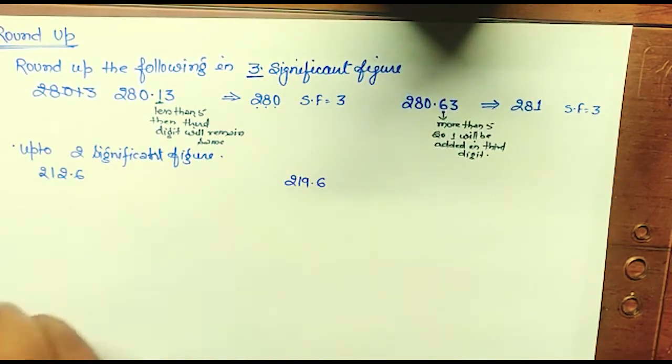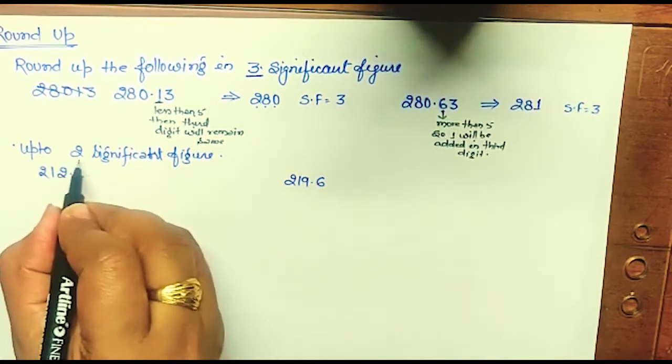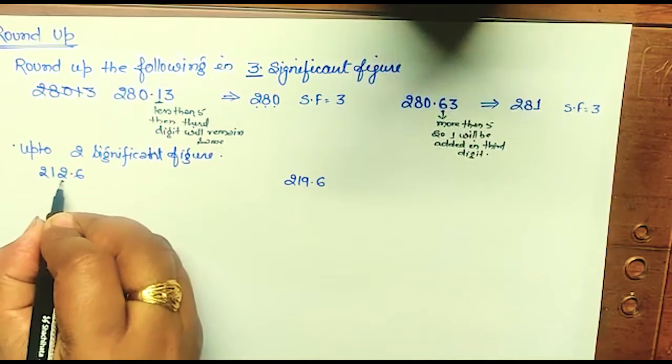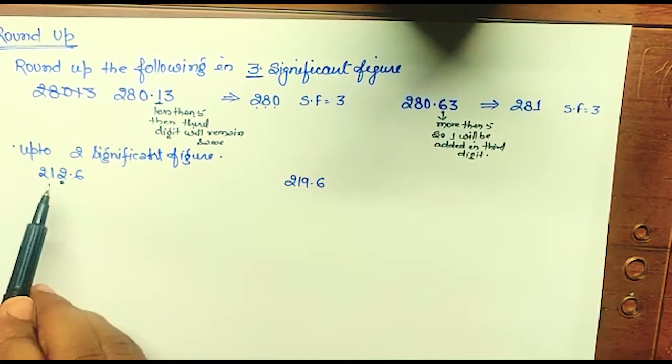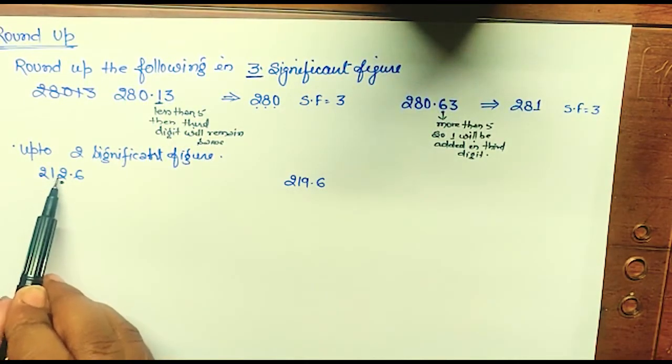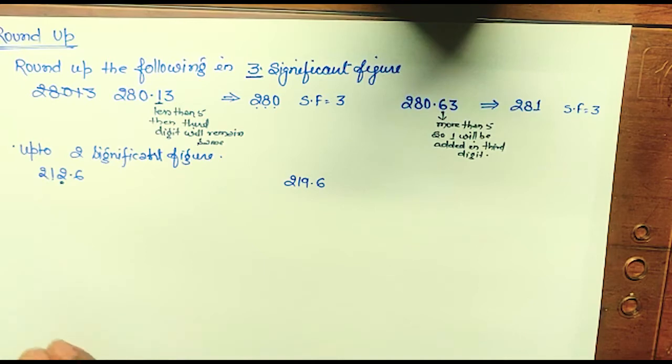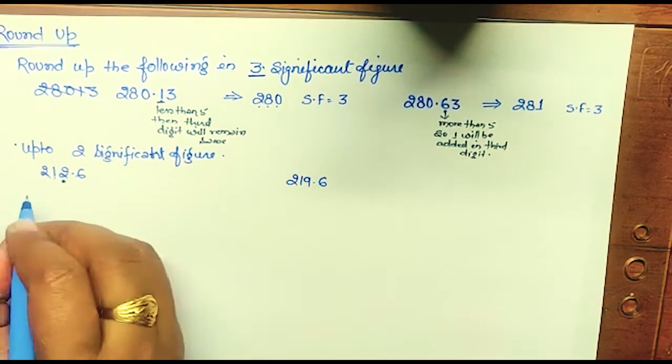Check two significant figures. So you have to check this third digit. Got it? The third digit is less than 5, so the number will remain the same. This number is not going to change. So what will it be?